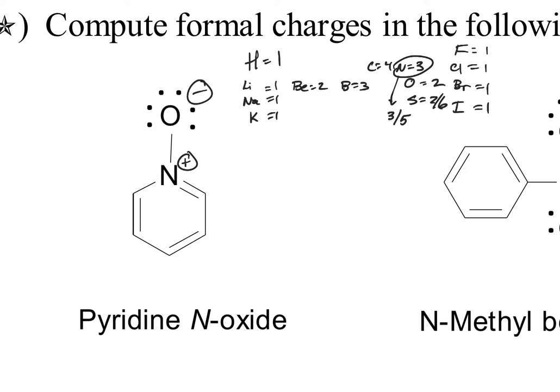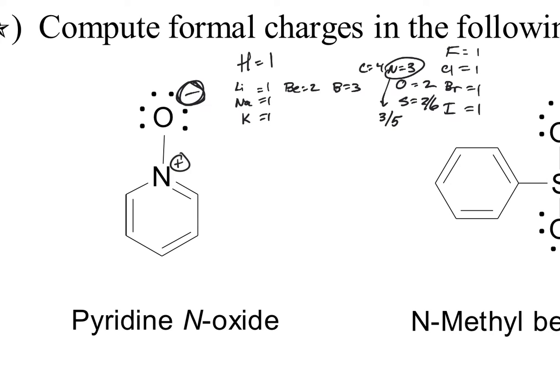And 1 minus 2 is negative 1. Now, the carbons, again, if we assume the hydrogens are being implied, right, there's hydrogens at these locations, then the carbons here, here, here, here, and here will have 4 bonds, so their formal charges will be 0.